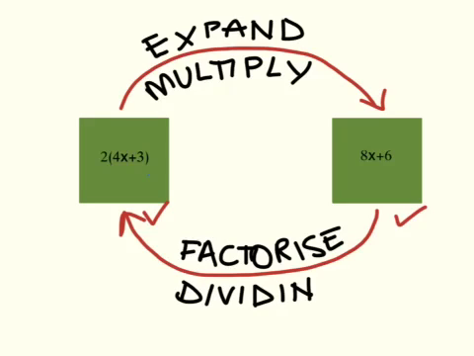Dividing always sounds awful, but really it's simply about finding the highest common factor, or the HCF. This is a great little diagram that might help you to remember the difference between expanding and factorising, and the process you use to get from left to right or right to left. You can pause the video and write it down in your notes if you like.